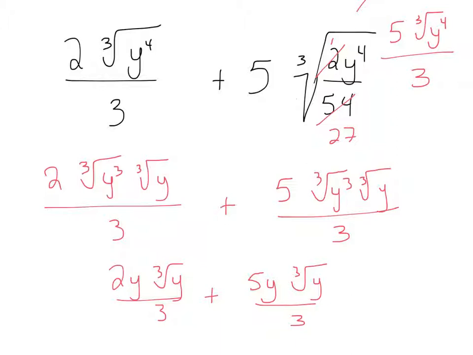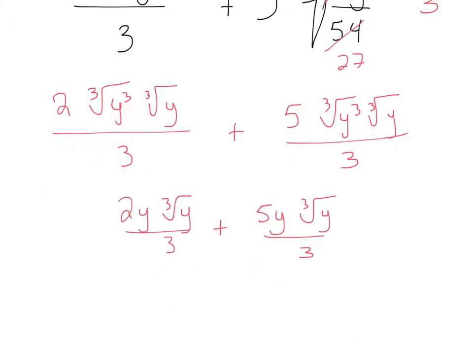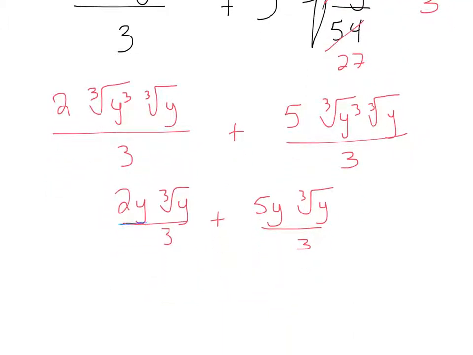Just add them together. So this is 2 as a coefficient. This is like a 5 as a coefficient. See what I underlined in blue? That's like a 2 and a 5 there. So the 2 plus 5 gives us 7. You've got to carry the y, and carry the cube root of y all over 3.